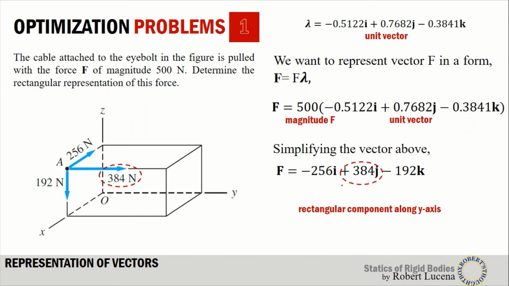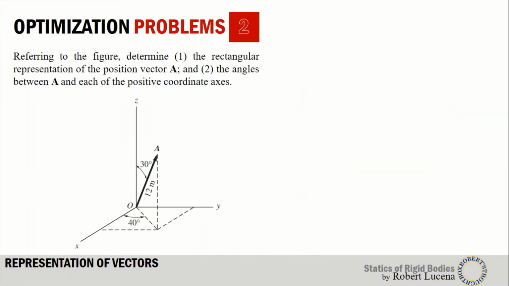Whereas this positive 384 is to the right, which means this is towards the positive y-axis, and negative 192 downward because it is towards the negative orientation of the z-axis. So there we have it, the vector F represented in 3 dimensions.